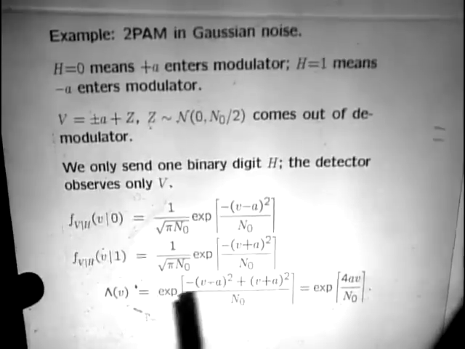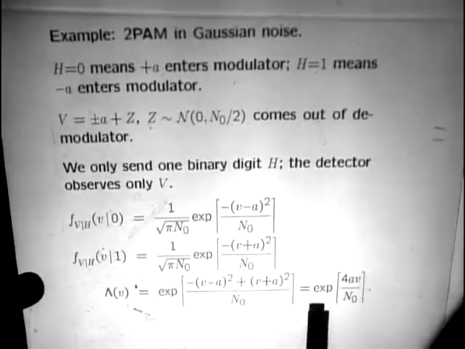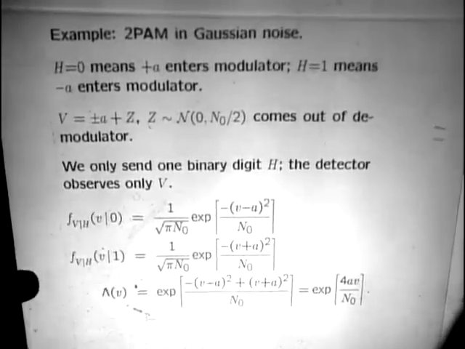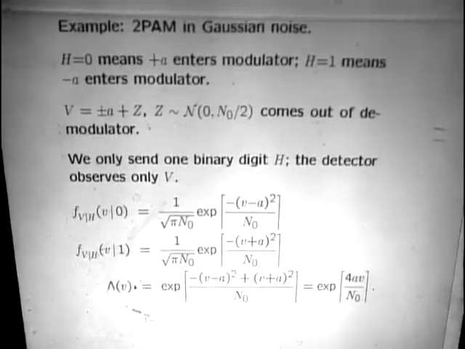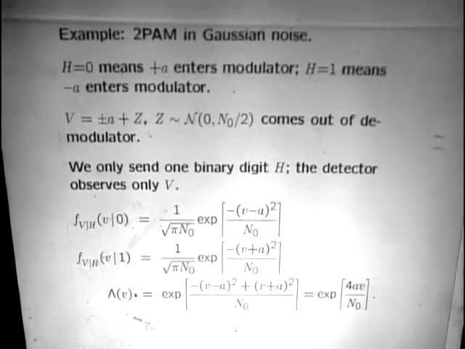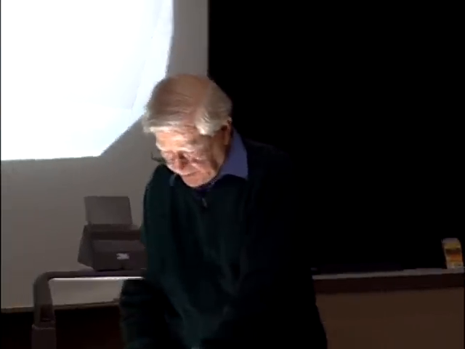And here you have plus 2va, here you have plus 2va. So you wind up with e to the 4av divided by n0, which is very nice, because what it says is this likelihood, which is what determines everything in the world, is just a scalar multiple of the observation. And that's going to simplify things a fair amount. It's why that picture comes out as simply as it does.